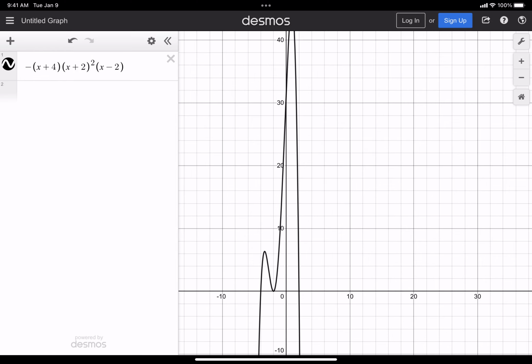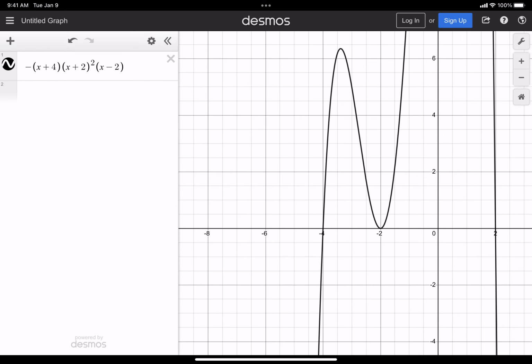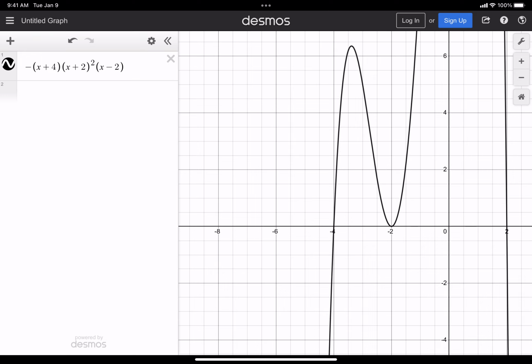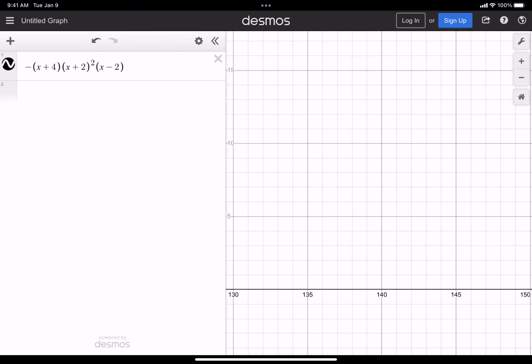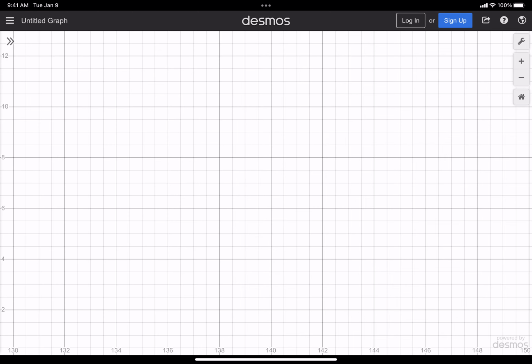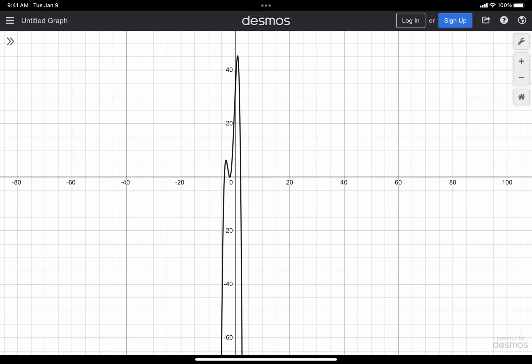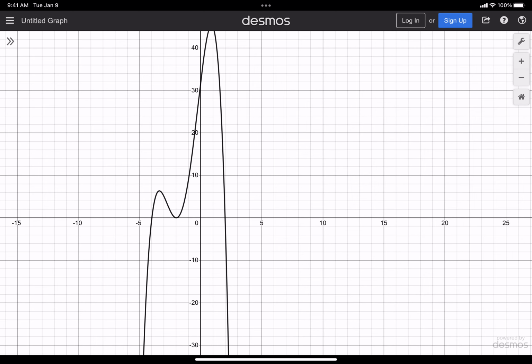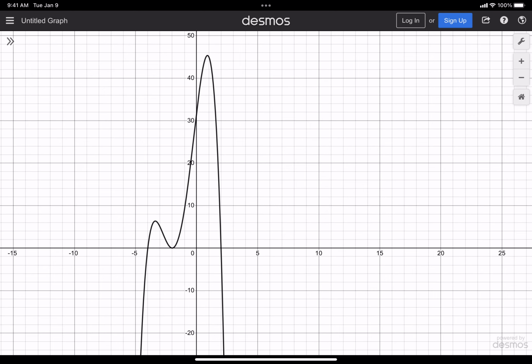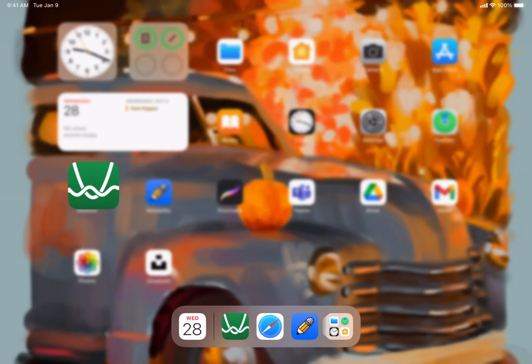Which is we go through at -4, we come up, and then we bounce at -2, we go up, and then at some point we turn around, and then we go back down through x equals 2, right?